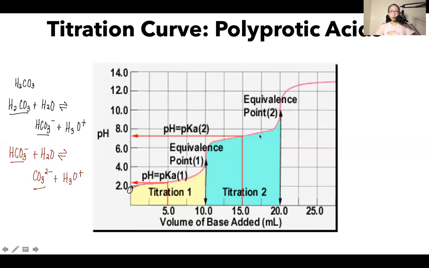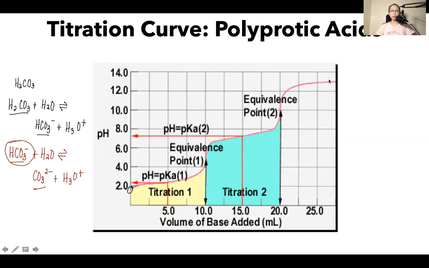As we continue to add the base, more of your bicarbonate is converted to carbonate, and then we reach the second equivalence point. At the second equivalence point, all of your bicarbonate has been converted to carbonate. And beyond this second equivalence point, the pH of the solution is just dictated by the excess base.